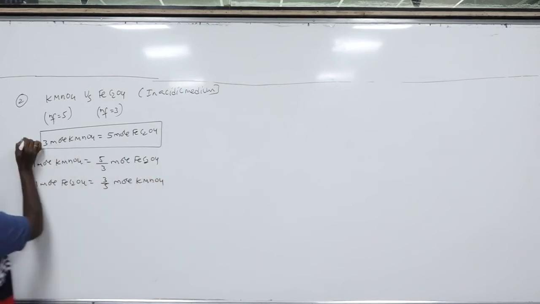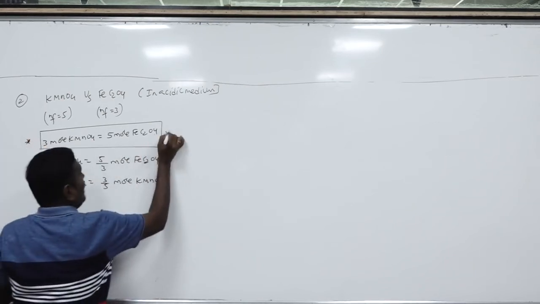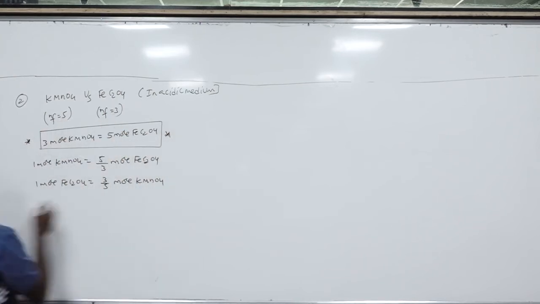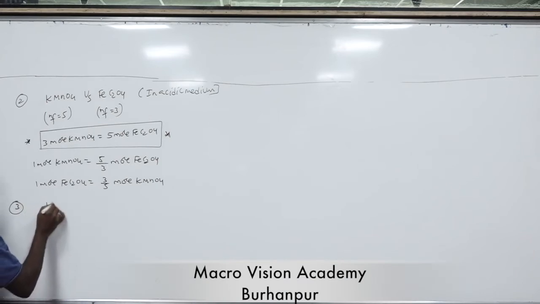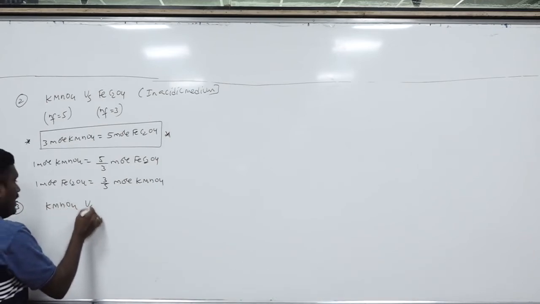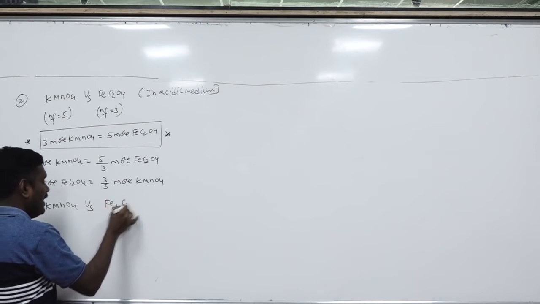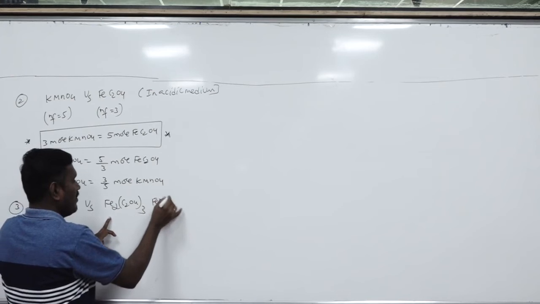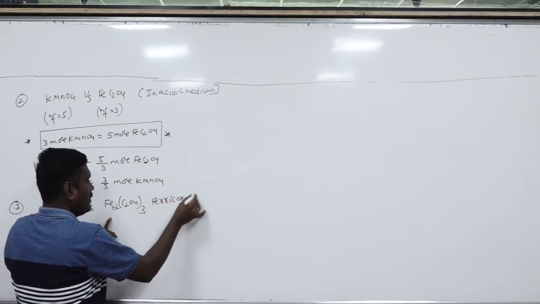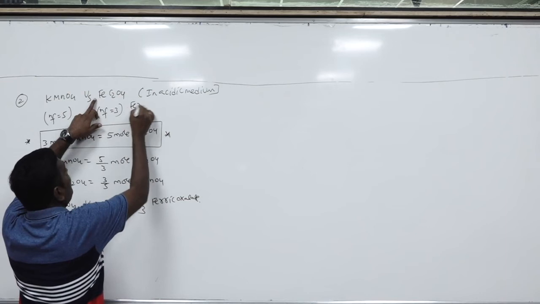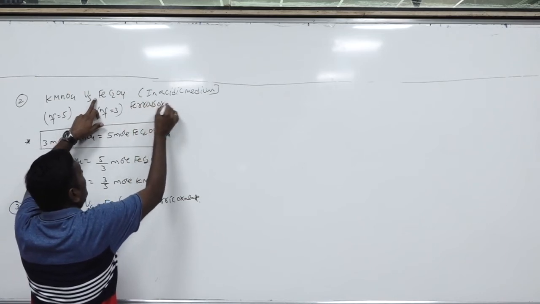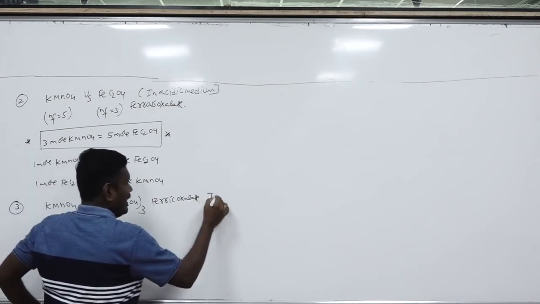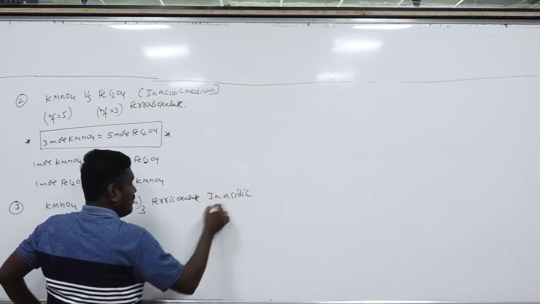We only have to remember this relation, which came from the n factor concept. Let's suppose KMnO4 will react with ferric oxalate, versus ferrous oxalate, again in acidic medium.